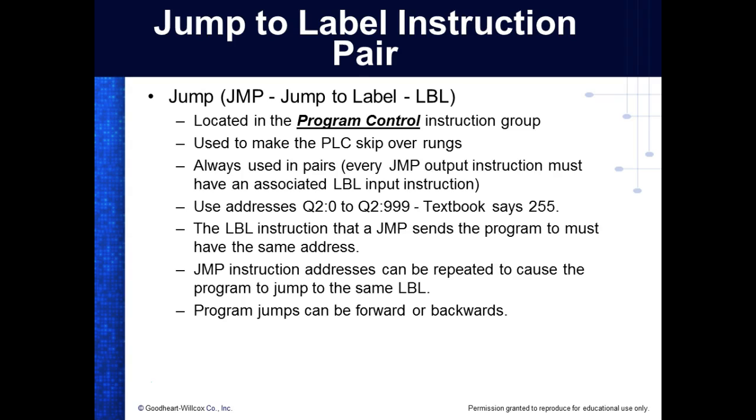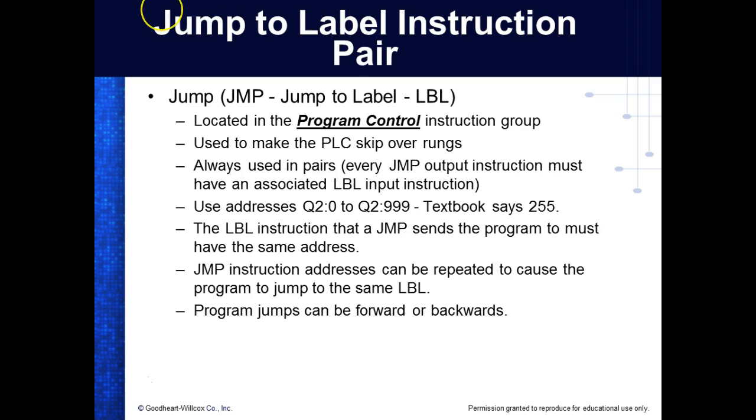I cannot repeat the label instruction, but I can repeat the jump instruction. Everybody understand that? Every jump has to have a label. You cannot use the same label address, but you can use the same jump address to jump to the same label, right? You understand?